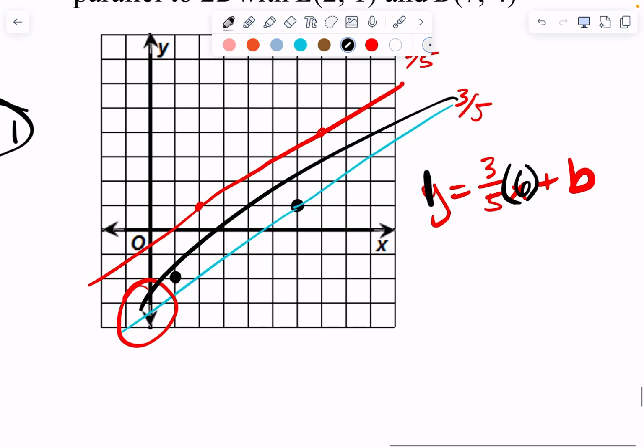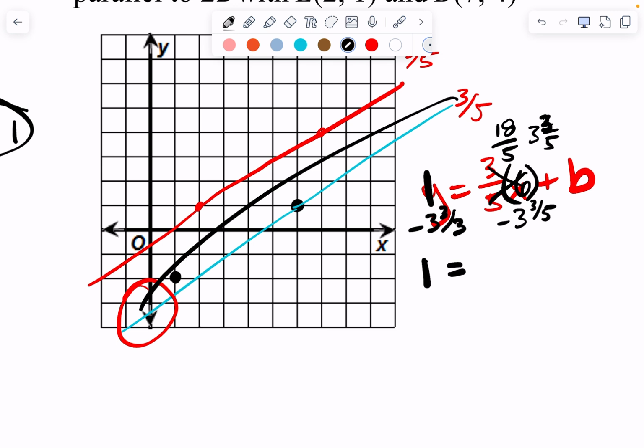That's gross. 1 equals 3/5 times 6 plus b. This is 18/5, which is 3 and 3/5. If I subtract 3 and 3/5 from 1, what's 1 minus 3 and 3/5? -2 and 3/5.